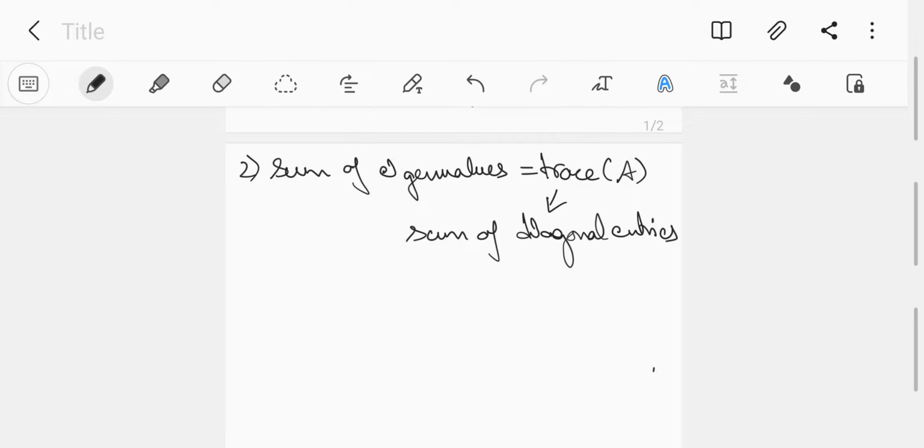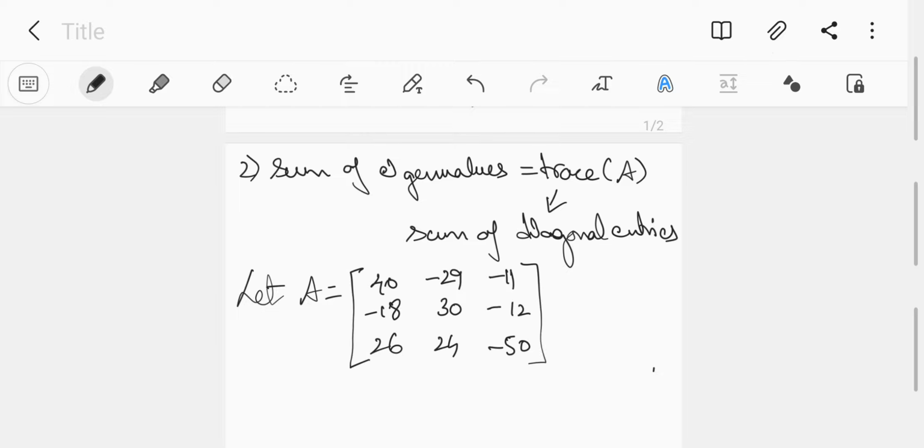So what is the matrix given? Let A be equal to this matrix. Let us check for rule 1. Rule 1 is the sum of each row. What is the sum of the first row? 40 minus 29 minus 11. So minus 29 minus 11 is minus 40.